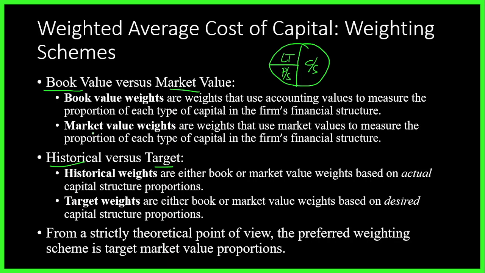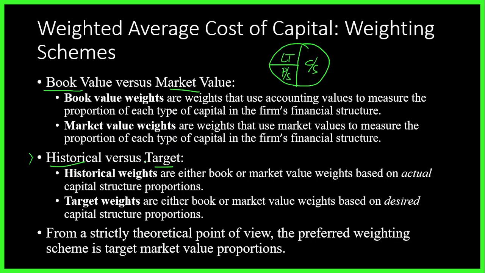So pag book, it's based on the firm's financial statements, or yung firm's actual capital mix. Pag market, this is based on the industry. Pag historical naman, this is self-explanatory. Historical, anong nangyari sa past. Pag target, what is the target weight?